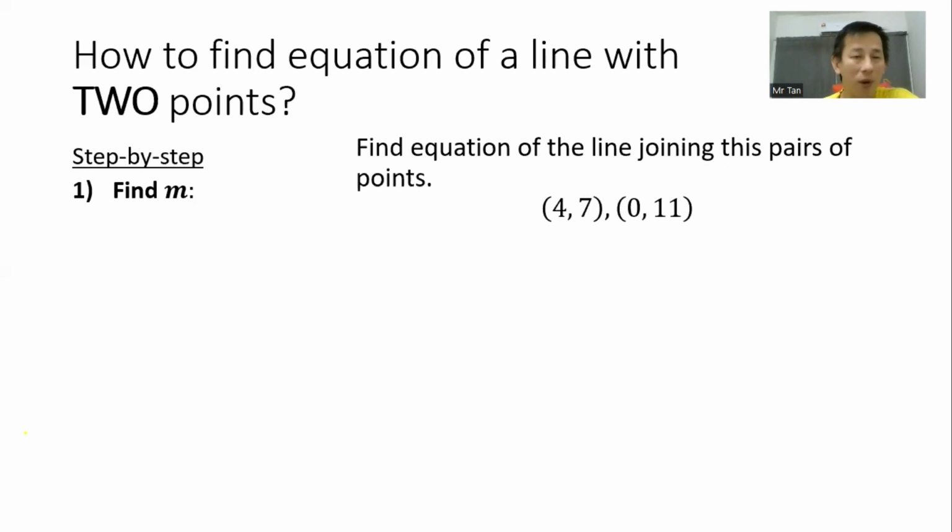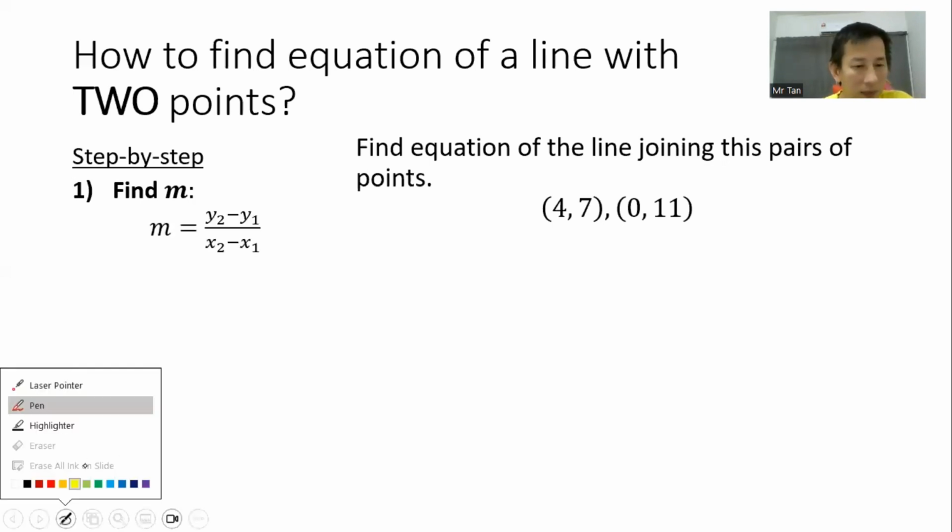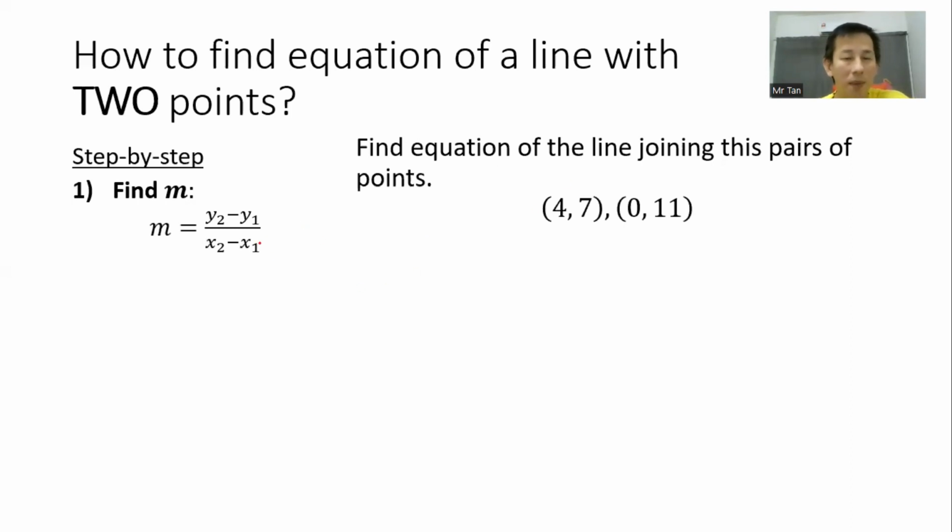To find the m or the gradient, we use this formula: m = (y2 - y1) / (x2 - x1). You can label this as x1, or if you want, it can be x2. This is x2, y2, and this will be x1, y1.